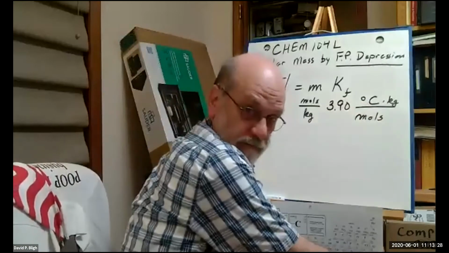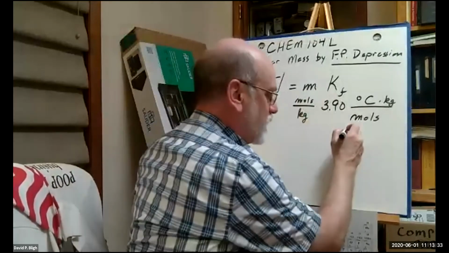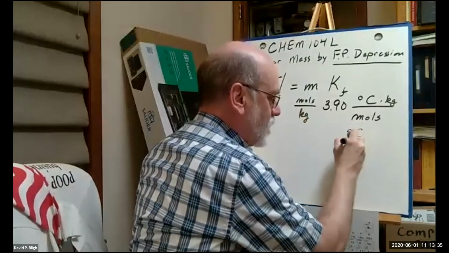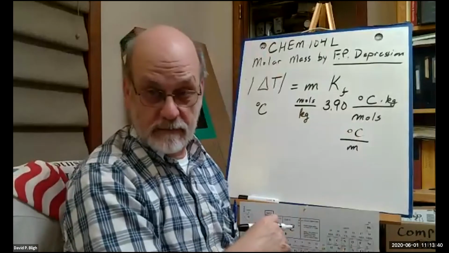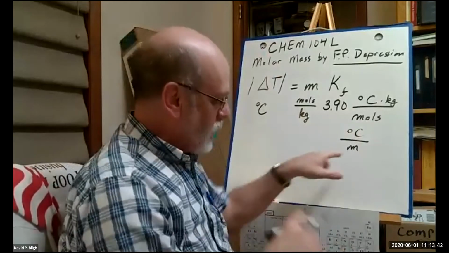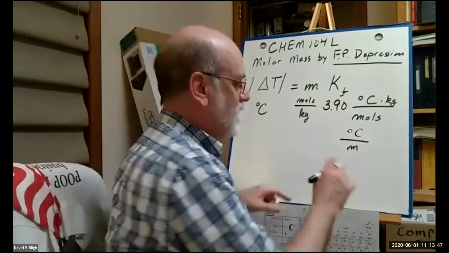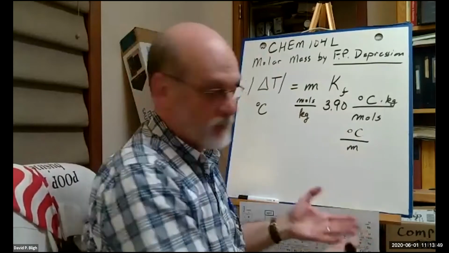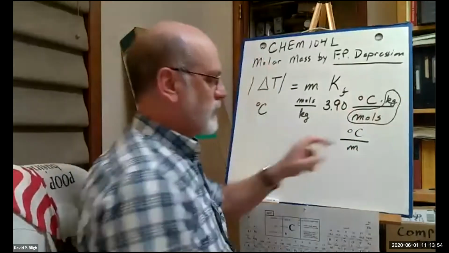It's very possible that the units instead will be degrees C per molal. Okay? So notice molal is in the denominator. That means it's the inverse of molal. See this part? Kilograms divided by moles is the inverse of moles divided by kilogram, which is molal.